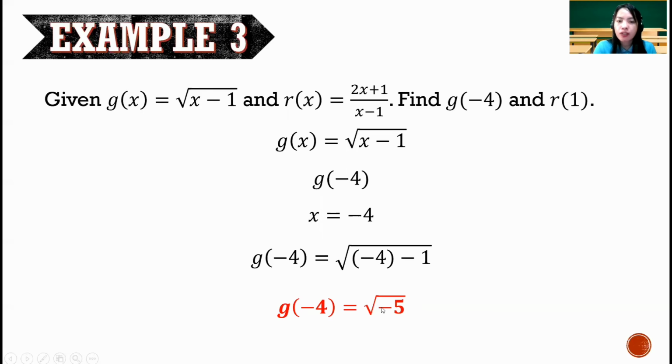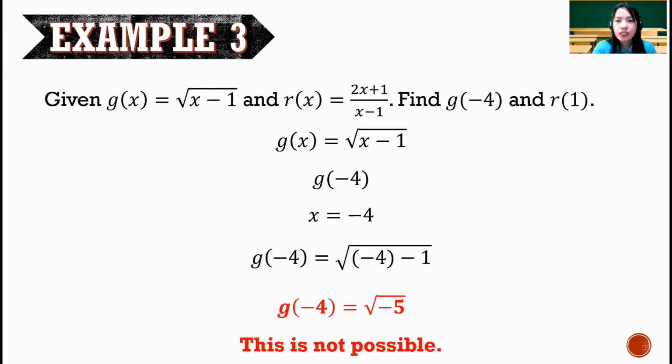A negative number under the radical sign is possible if the index is an odd number. Odd numbers are 3, 5, 7. So a negative number is possible under the radical sign if the index is an odd number. In this case, this is not possible.